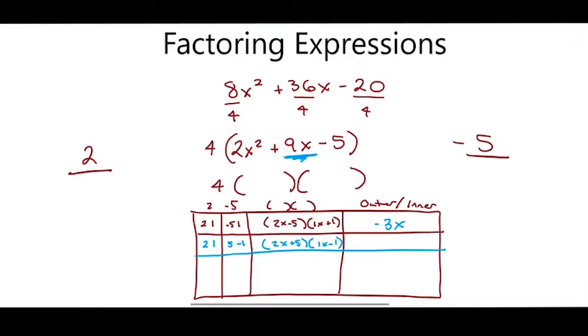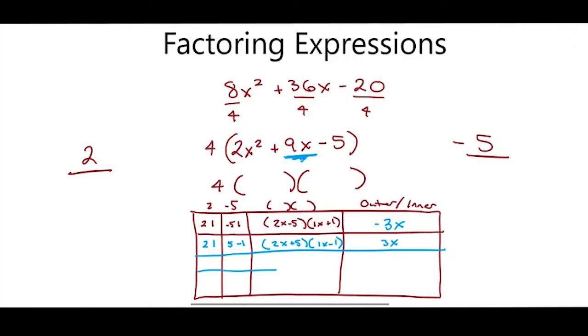Well, if I do my outer and inner, that's going to be -2x plus 5x. Well, -2x plus 5x, that's 3x. So that's going to be 3x.